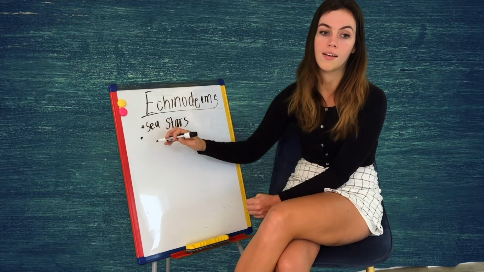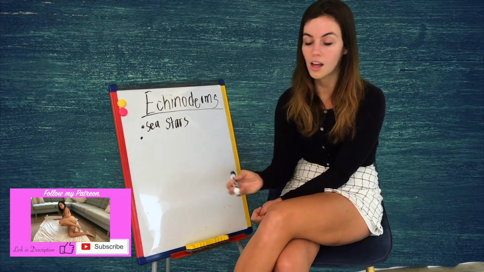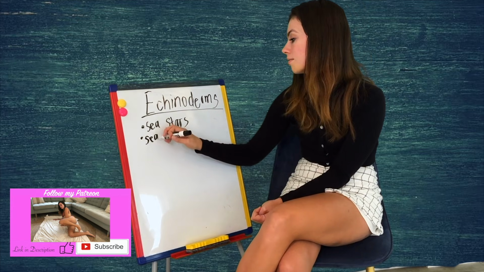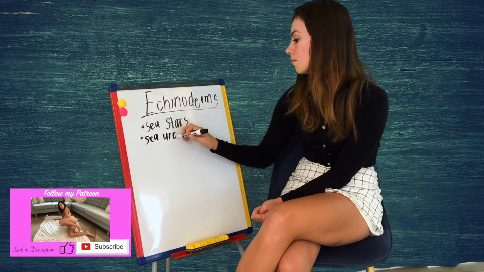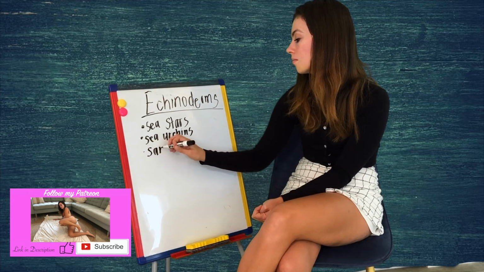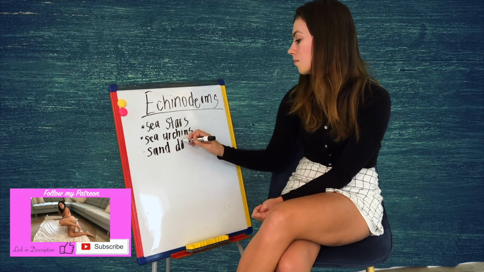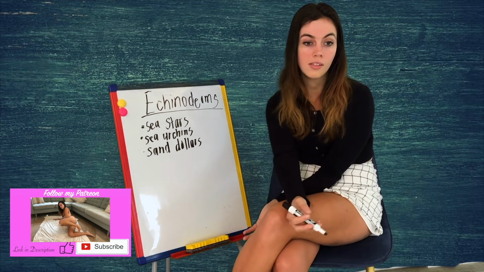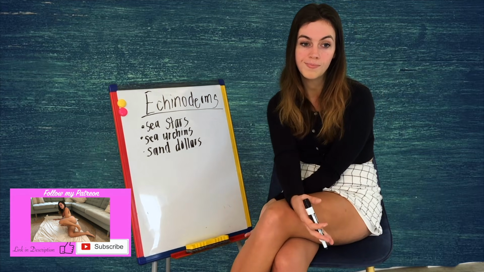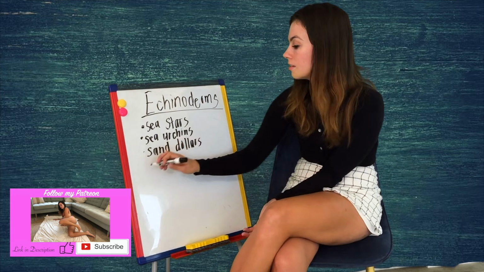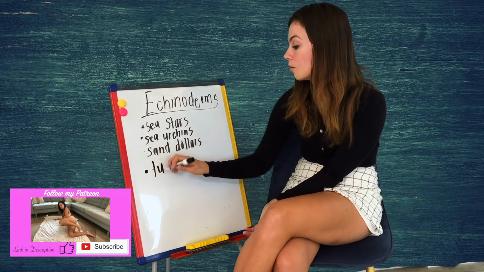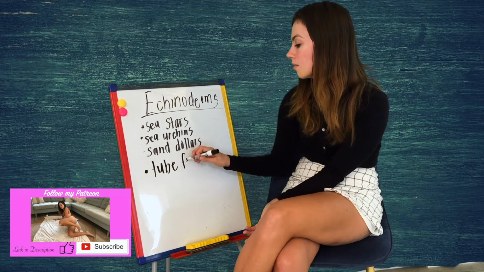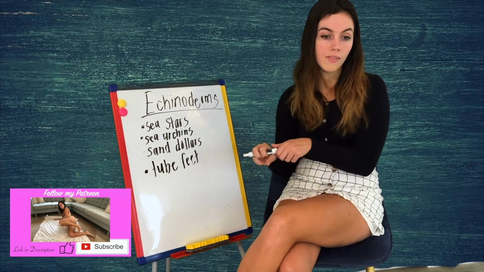We also have sea urchins, sand dollars, here's some examples. So they have radial symmetry, and they use 2 feet to move. So those are some of the features.